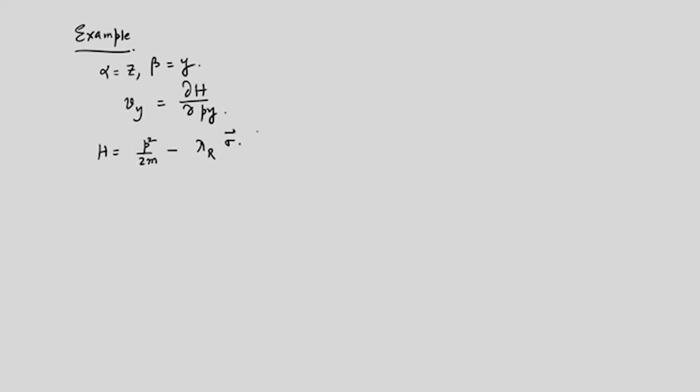So, it is sigma dot z cap cross p, where we have taken again h cross equal to 1, without any loss of generality, one can put it back. So, suppose this is the Hamiltonian, this is the kinetic energy, just the free electron kinetic energy, and this is the Rashba spin orbit coupling.